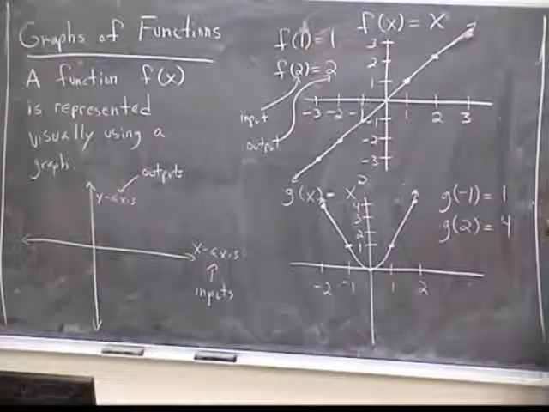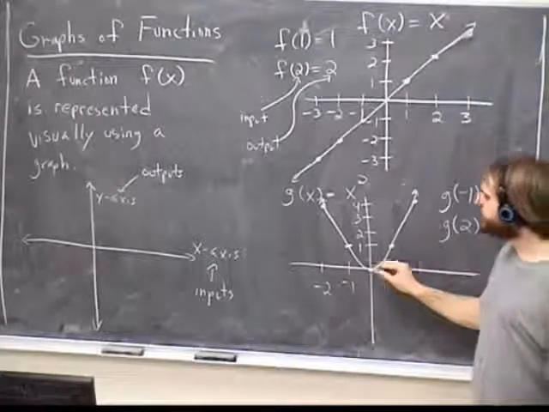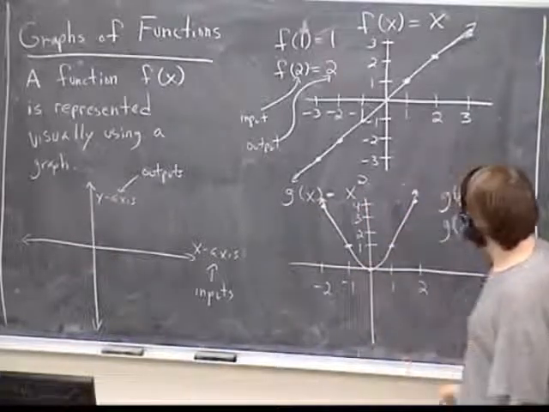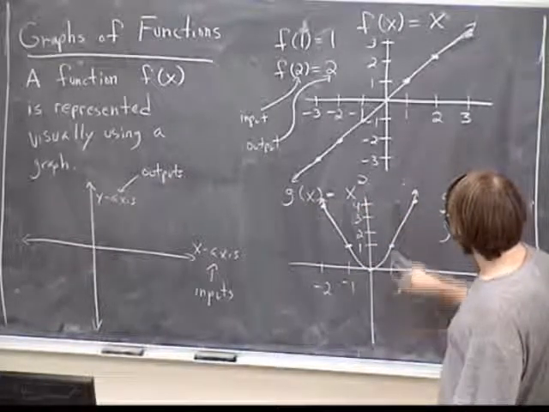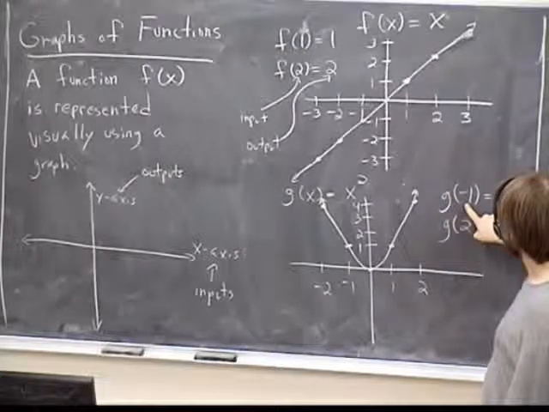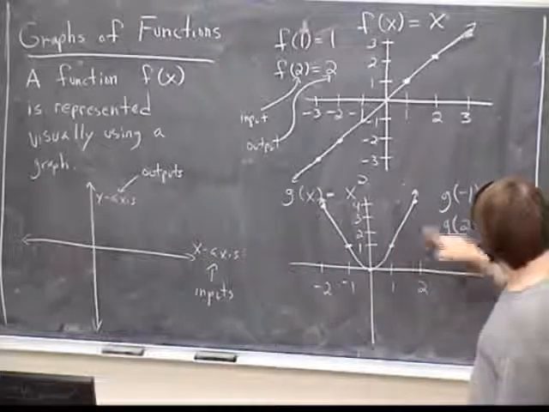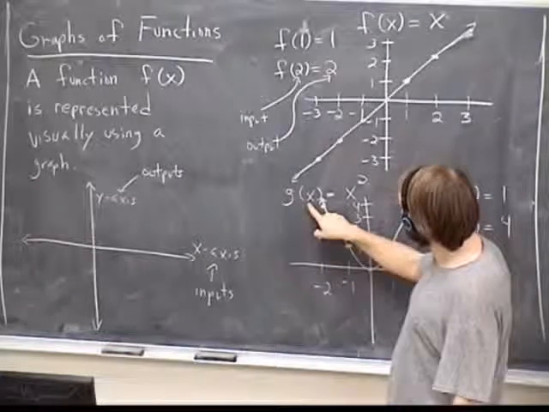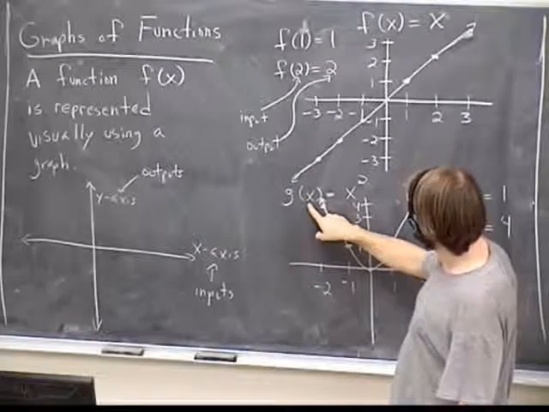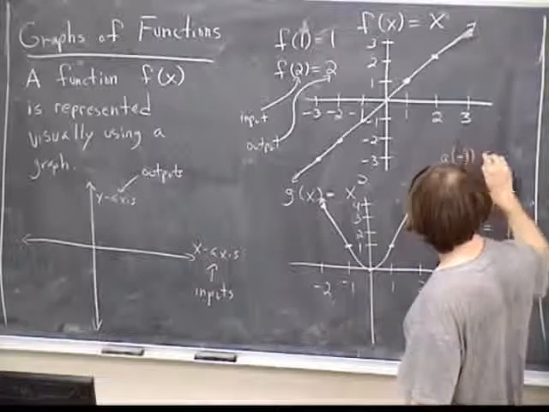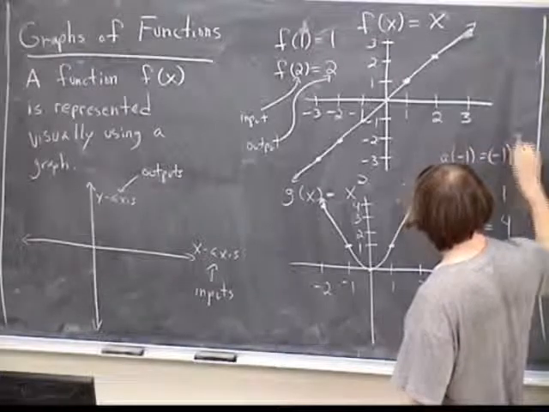Okay. A slightly more complicated function is g of x equals x squared. Here, for example, we can input -1, and what this function will spit out is +1, because if we take x and we make it -1, what we get here is g of -1 equals (-1) squared.